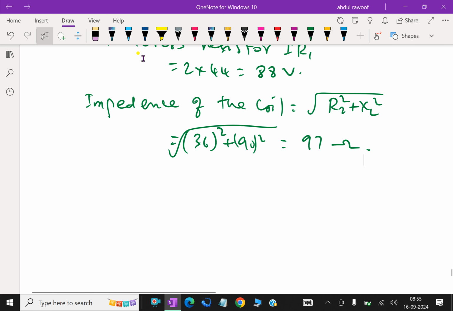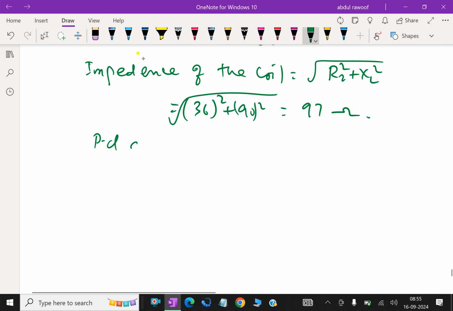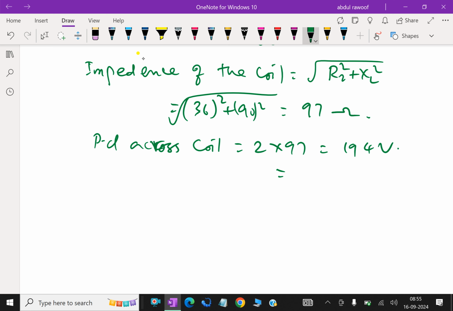The PD across the coil is equal to 2 amps into 97 ohms, which is equal to 194 volts, which is 0.194 kilovolt.